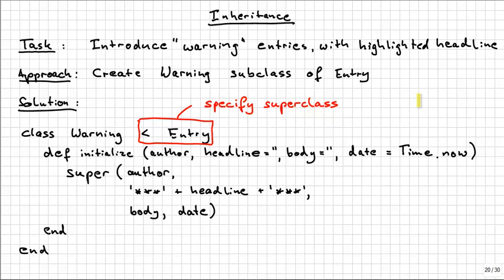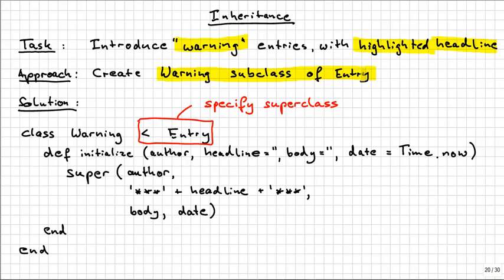So as an example, what we want to do is to introduce warning entries. These are special entries where the headline is highlighted. So what we'll do is create a warning subclass of the entry class. And you see the solution already here.